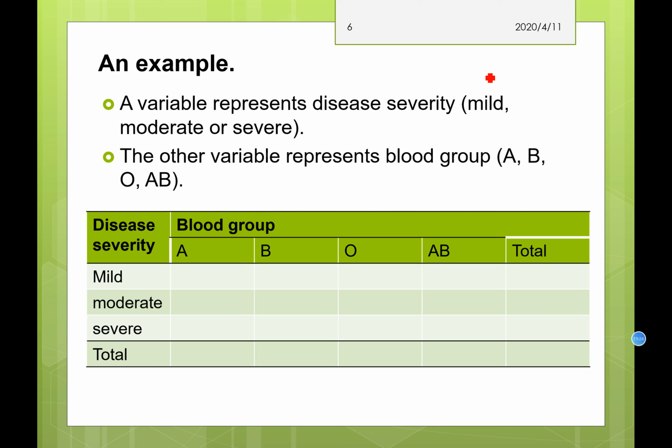And in disease severity we have 3 levels: mild, moderate, or severe.